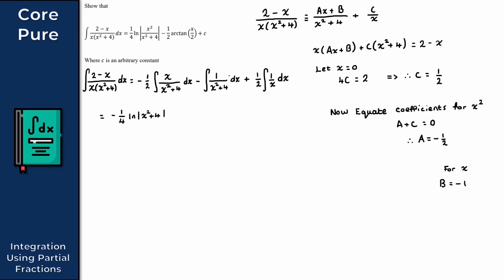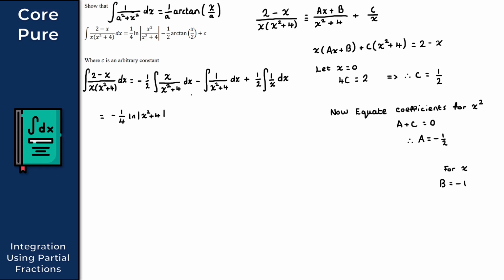Now for this integral, hopefully you recognize that this involves the inverse trigonometric functions. This integral is of the form 1 over a squared plus x squared, which if we integrate with respect to x, is equal to 1 over a arctan of x over a.